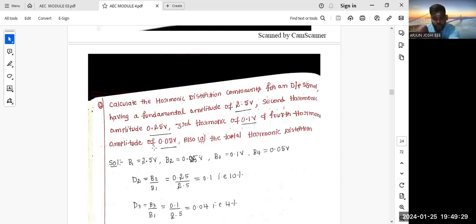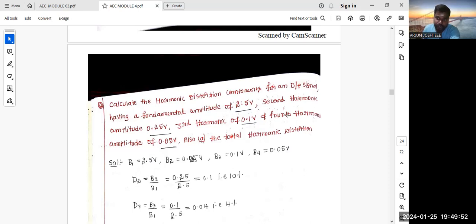Also calculate the total harmonic distortion, that is, percentage D. They will mention the amplitudes, B1, B2, B3, B4. So we need to calculate D2, D3, D4, up to 4.